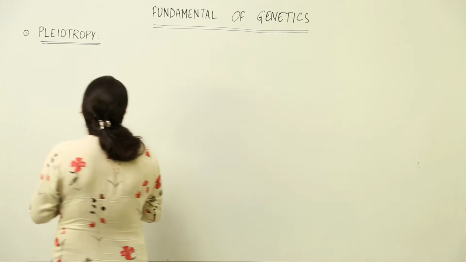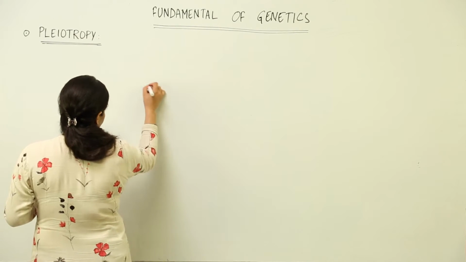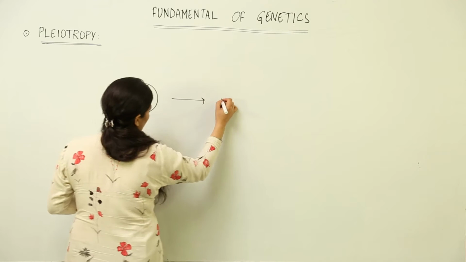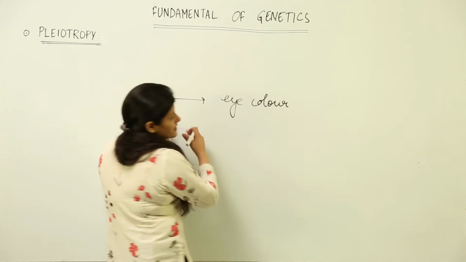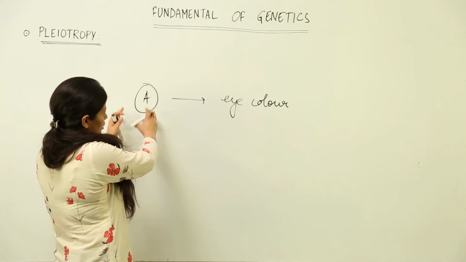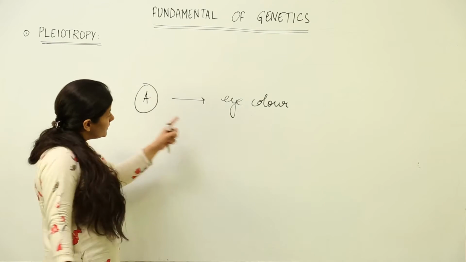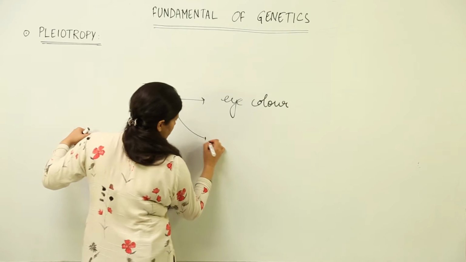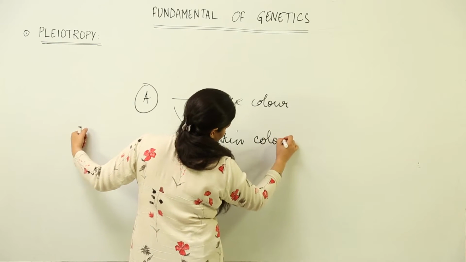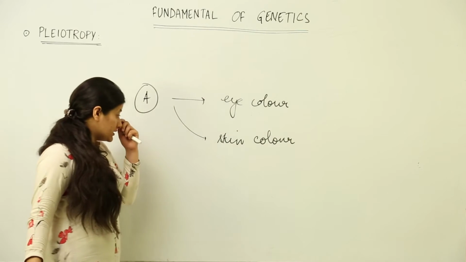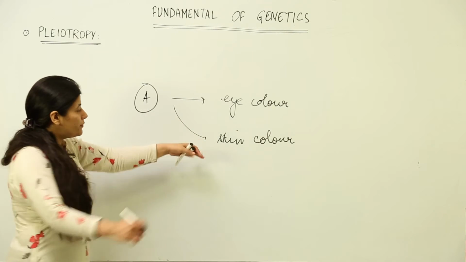Understand it in this way. Supposedly you have gene A which is responsible for eye color. This is the simplest expression that we have, that a gene is responsible for eye color, but apart from eye color, if it is responsible for skin color as well, that means the skin color is affected by this gene, then it is pleiotropic.